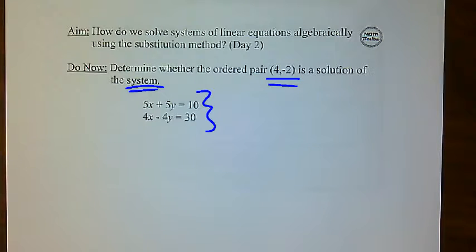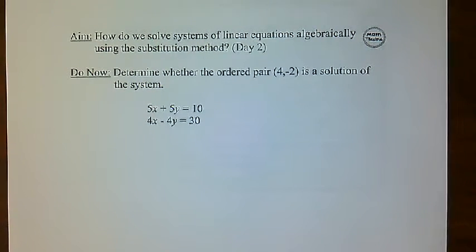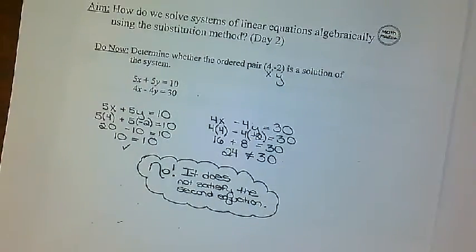So remember, this is x and this is y. You're literally going to take these coordinates and substitute both of these in like you were checking. If you want to know if an ordered pair is a solution to the system, all you're going to do is substitute them in, which I did right here.